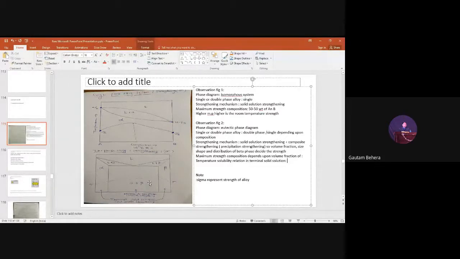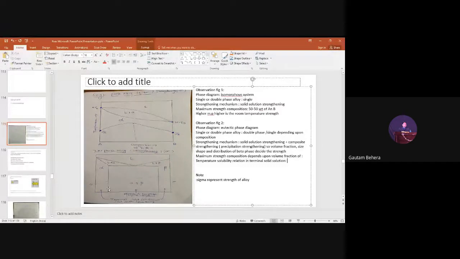Do you understand now? Okay, anyways, temperature solubility relation in terminal solid solution. So this is a terminal solid solution. Can anyone tell me if there is any relationship with temperature? If you increase the temperature, is the solubility changing or not? In this figure, this is a cartoon diagram.